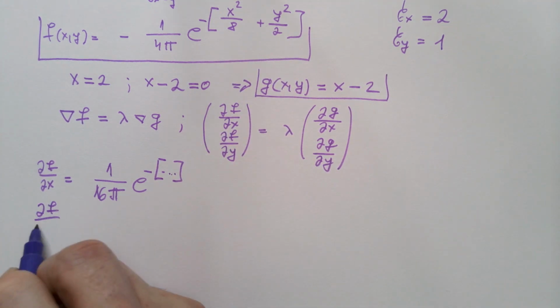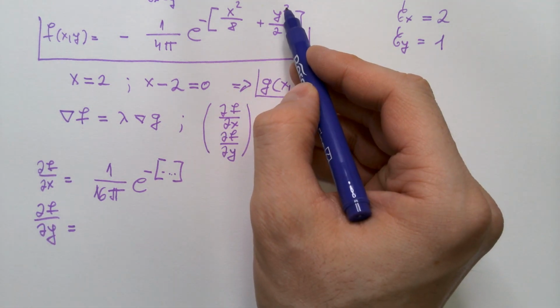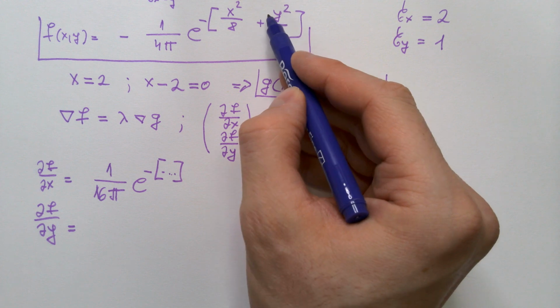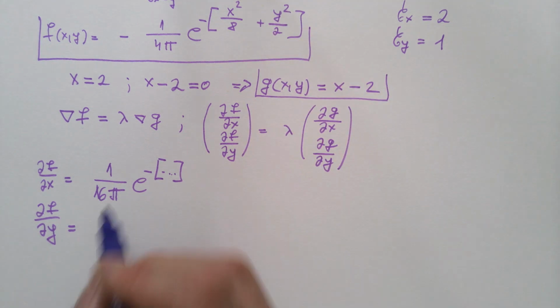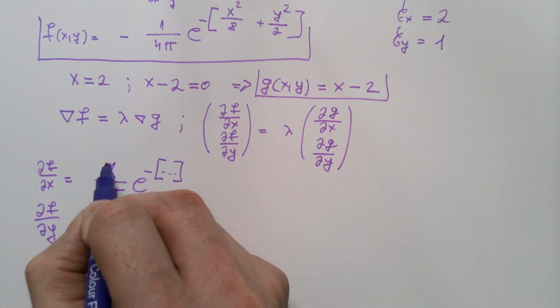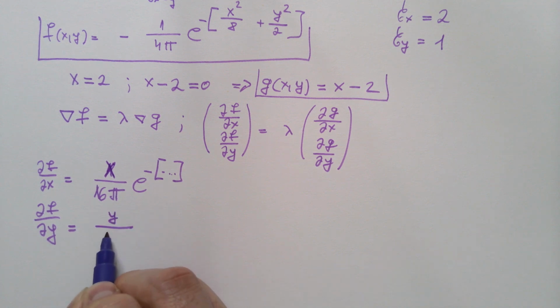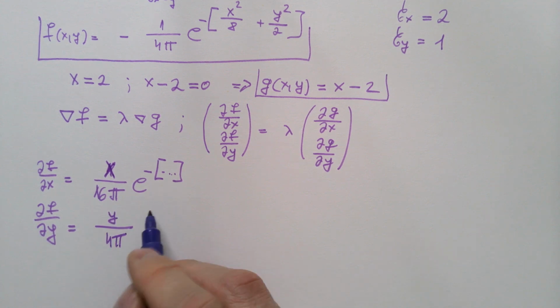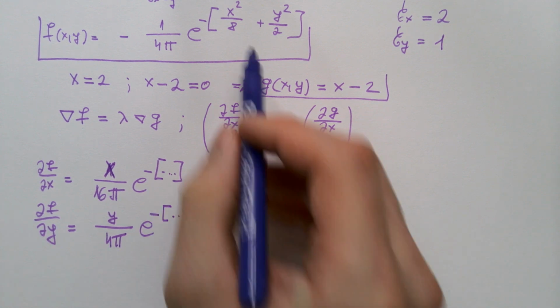Partial f partial y is, again, negative 2y, and that 2 and this 2 will cancel, so I will have y divided by 4 pi times e to the negative, and again the same term in this bracket.